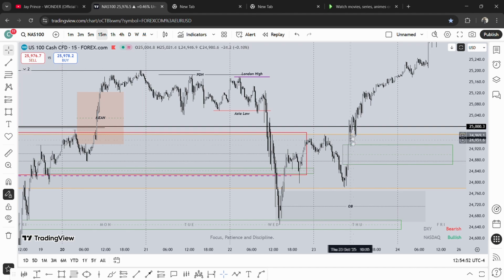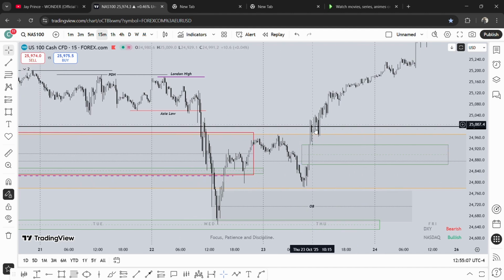Placed my entry here, retested this upper quadrant. Remember I said smart money uses these levels as reference points to place entries. We came back and retested this over here. See, that's more retest over there.